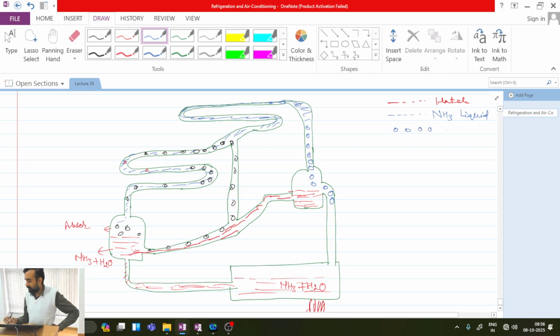With blue colored circles I have written ammonia in vapor state, and with the black colored circles I have represented hydrogen gas. And what I am saying is the pressure of this entire circuit is the same. There is no pressure difference at all.